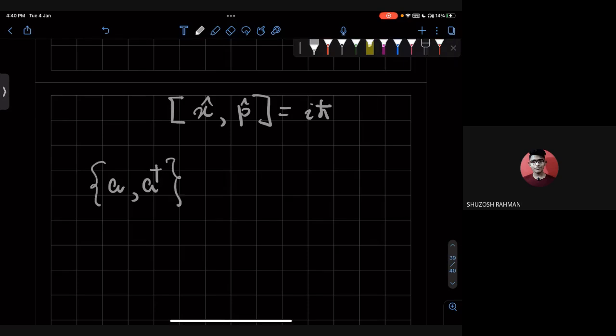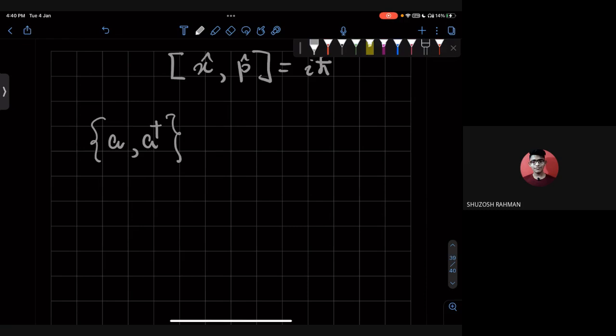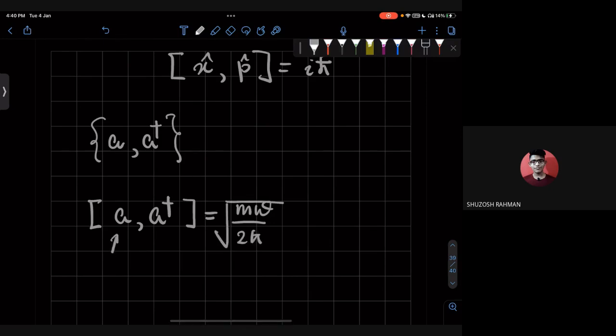Meaning, what are the commutation relationships of these? So we want to compute, say, the commutator of A and A dagger. A dagger has m omega by 2 h bar. There was a square root in each of these, so we can now get rid of the square root.